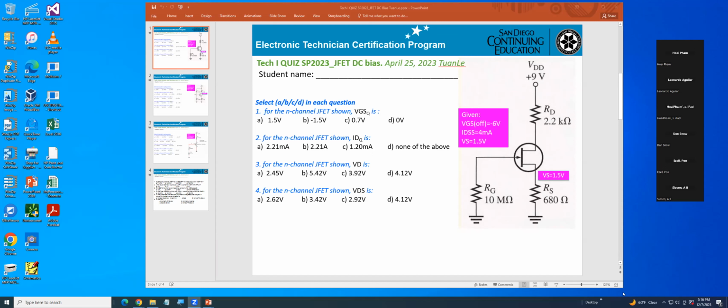Okay, now I can tell you. We already learned about DC bias. So if you're looking into this circuitry, what type of DC bias?